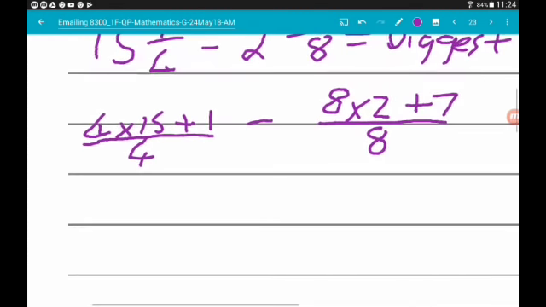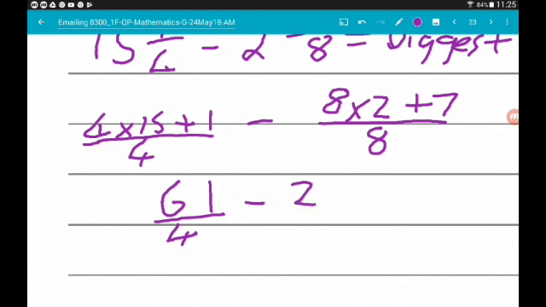So 4 times 15 is 60, add 1 is 61. So we got 61 quarters minus, well, 8 times 2 is 16, add 7 is 23. So we got minus 23 over 8.